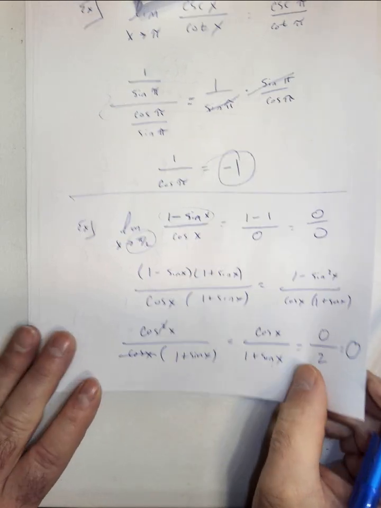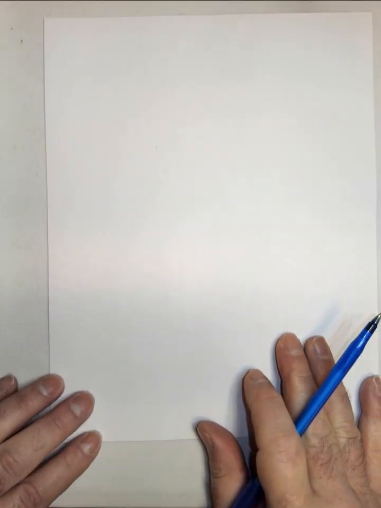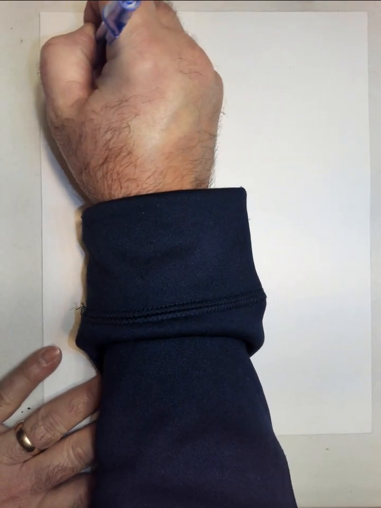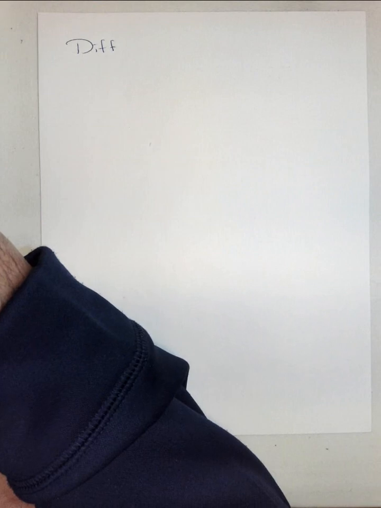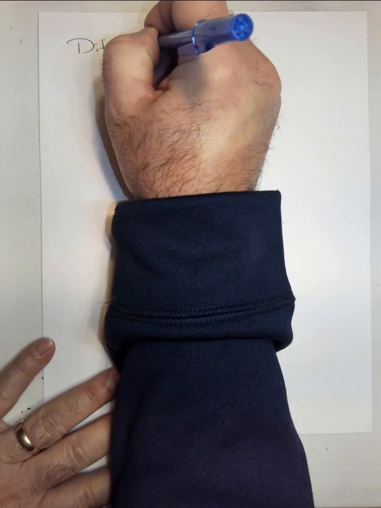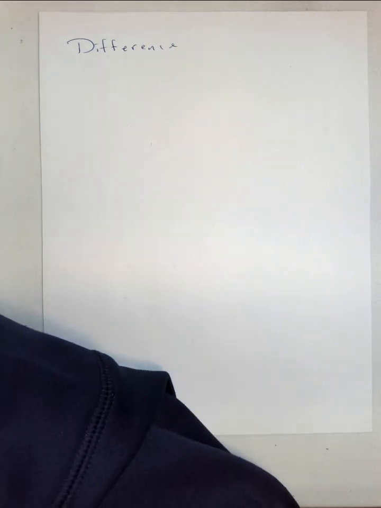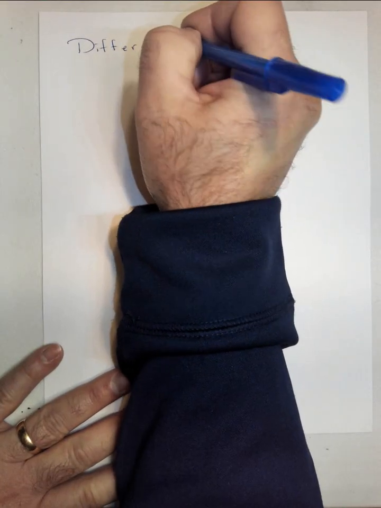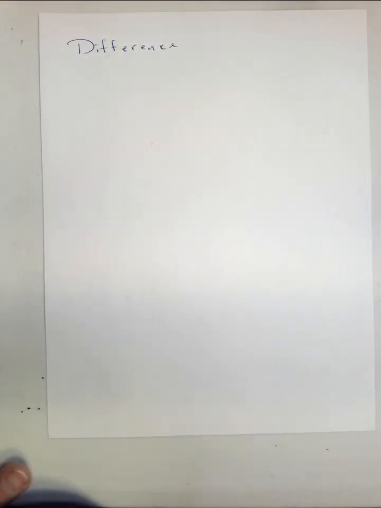Okay, last thing here, I want to revisit our difference quotient, because moving into 12.3, which is what we'll do next week, it's all about derivatives, people. So the difference quotient, did I spell that right?